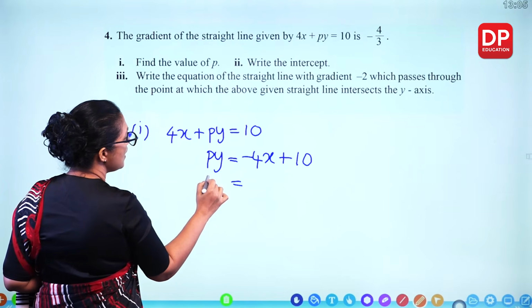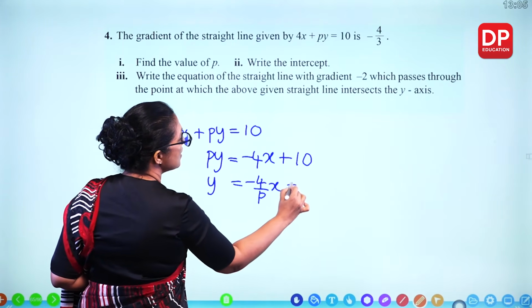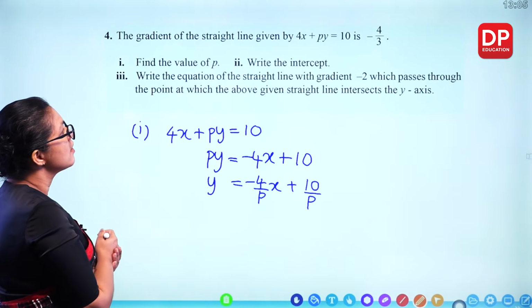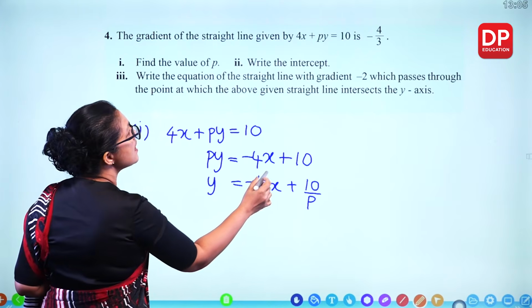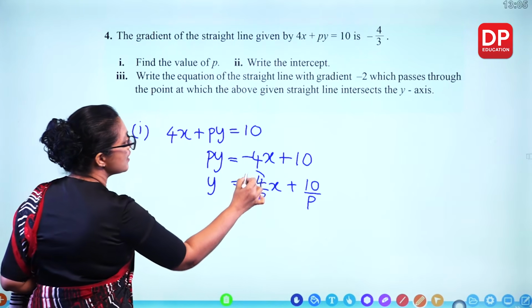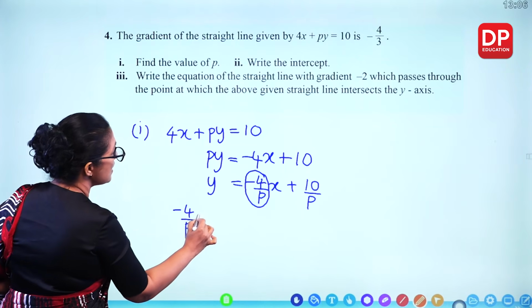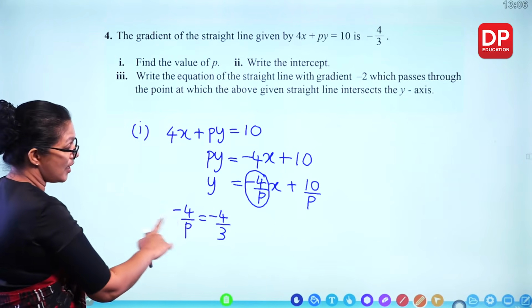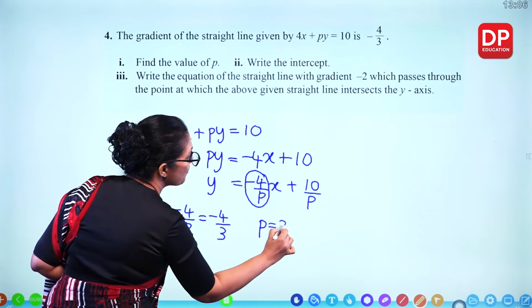Divide by p, minus 4 over p x and 10 over p. Now this is the equation. Now the slope or the gradient is minus 4 over 3. So it's given minus 4 over p is equal to minus 4 over 3. Can you see that this is p equals 3.